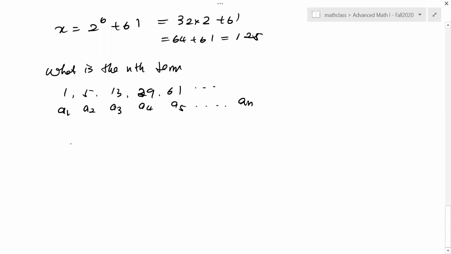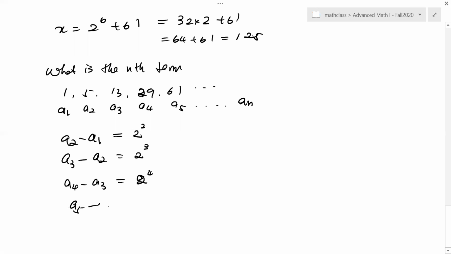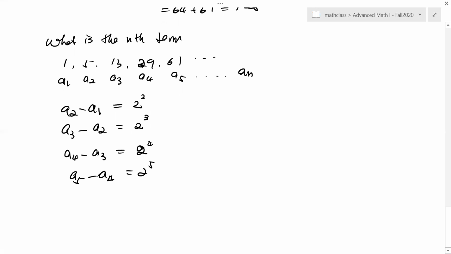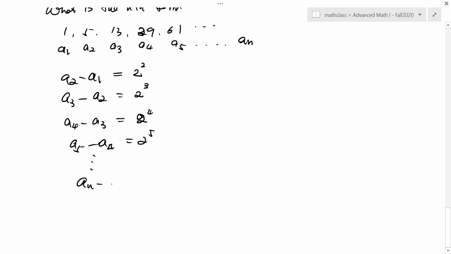So A2 minus A1 is going to be 2 squared, right? A3 minus A2 is going to be 2 cubed. That's the way to find out. A4 minus A3 is 2 to the 4th power. A5 minus A4 is 2 to the 5th. So the general term will be AN minus A(N-1) equals 2 to the nth power.